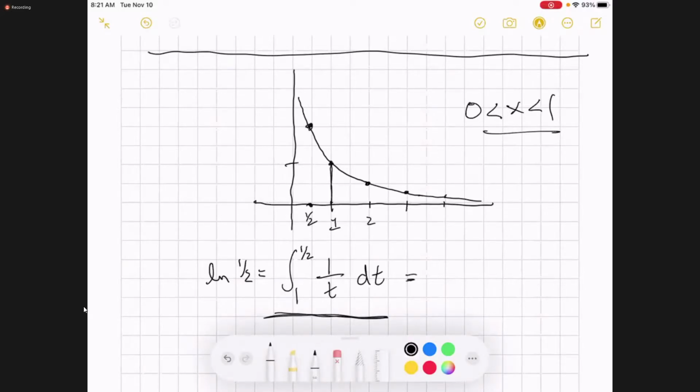What do the properties of integrals say that this definite integral is equal to? Anybody remember? If the endpoints were both 1, it'd be 0. Okay.